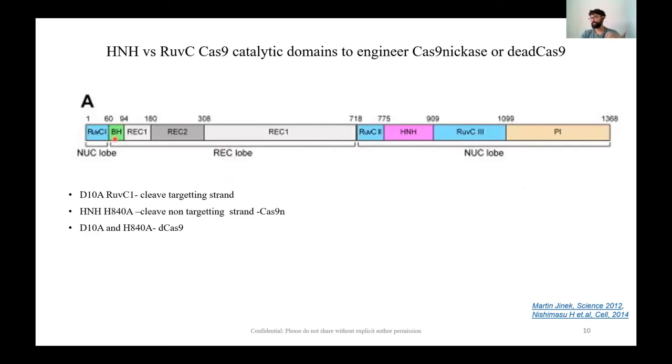So this is basically the catalytic enzyme domain of Cas9. I will not go into the details, but like I said, RuvC D10 cleaves the targeting strand, and HNH H840 cleaves the non-targeting strand. And if both of these mutations are present, it will basically be a catalytically inactive Cas9.